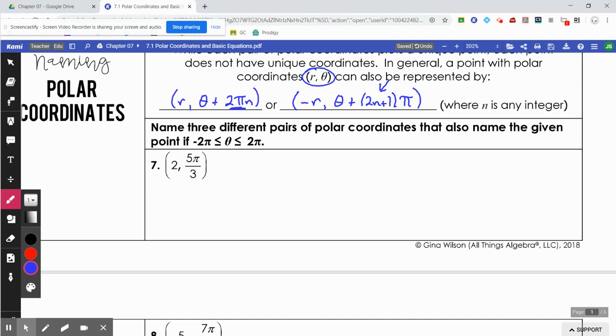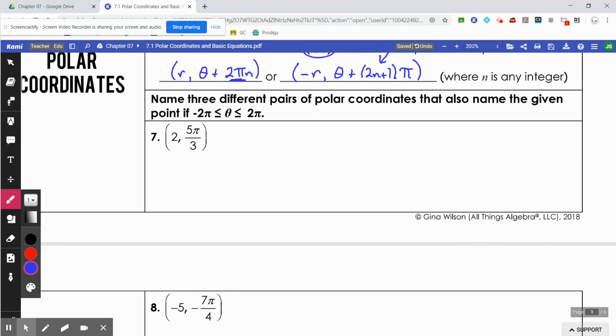So here, name 3 different pairs of polar coordinates that also name the point. And let's try to stay between a -2 pi and a +2 pi on our angle. So one way we can do this, again, we can simply add on rotations. Now, rotations, that 2 pi, the common denominator would be 3, so that'd be 6 pi over 3 is what we're adding.